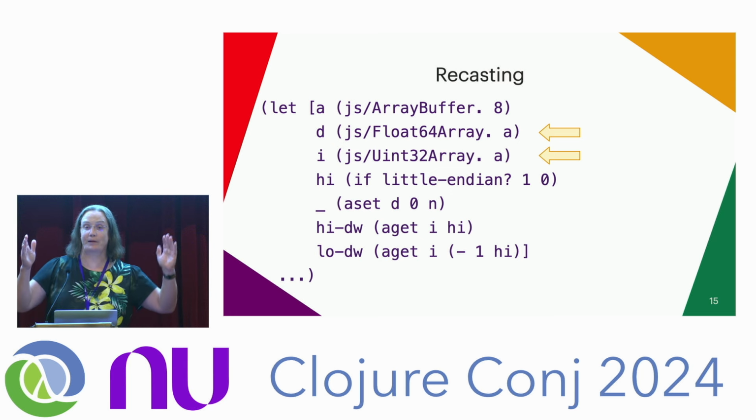Now, the 64-bit floats, because there's only 8 bytes there, we're going to have a single entry in that array. And in the unsigned int 32 array, we've got 8 bytes, so we've got 2 of those.